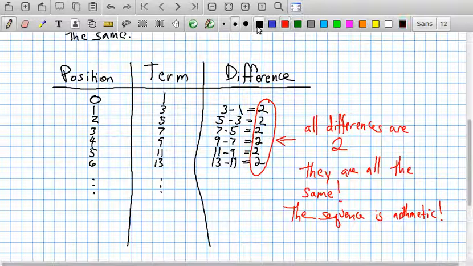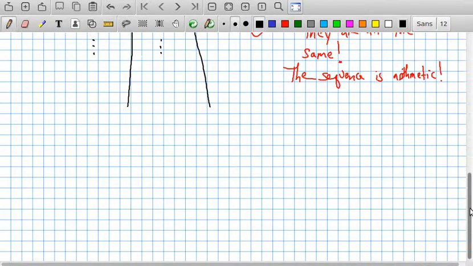Okay, well, let's see here. Let's take a look at another case, and perhaps a situation in which the sequence might start looking like arithmetic, but it's maybe not. So let's again look at the position, let's look at the term, and we'll compute the differences.